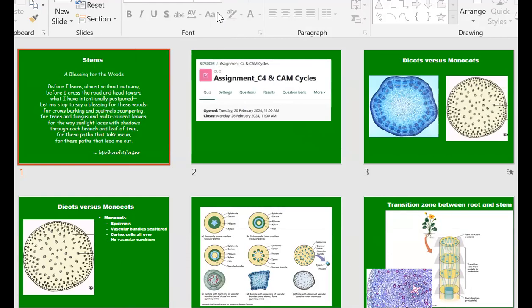Okay. So just for the first question, just answer the first question. Which is a stem? Which is a root? First, just think about that.